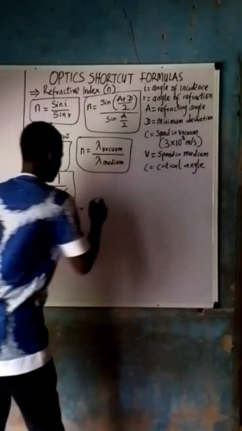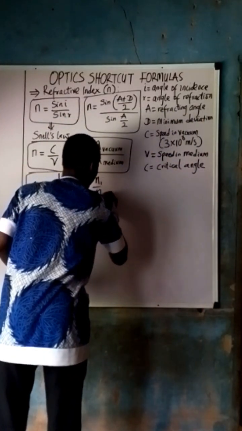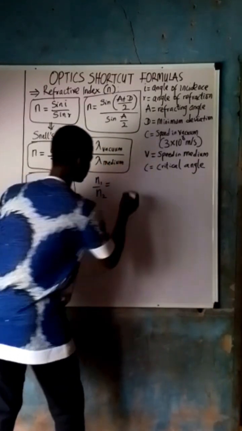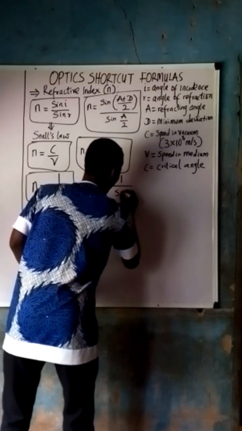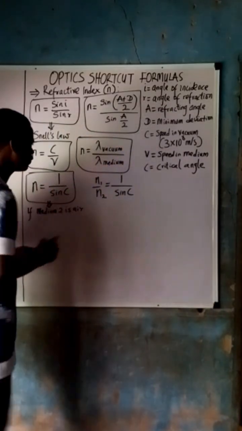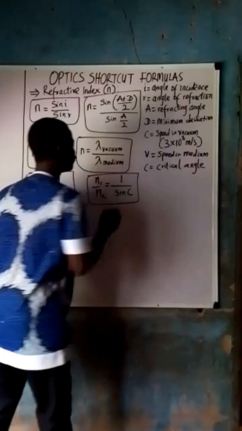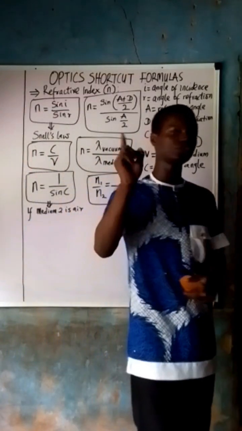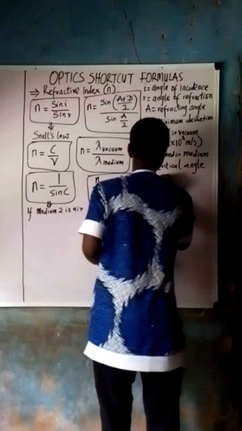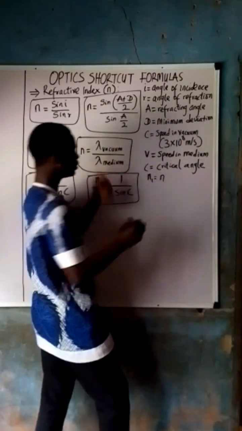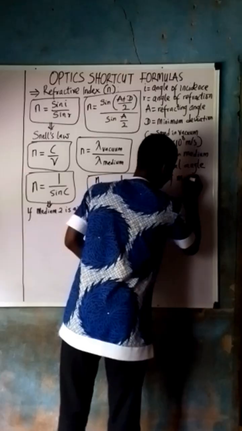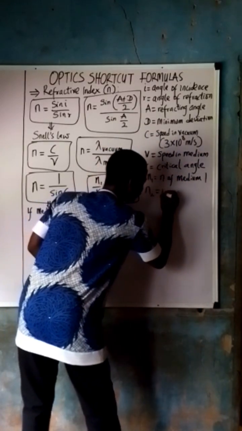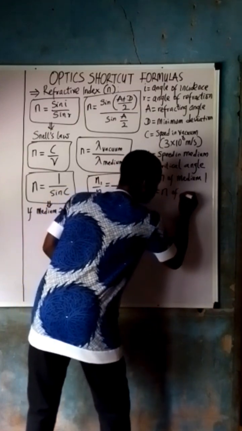Guys, this is it. N1 over N2 equals 1 over sine C. If the second medium is not air, this is the formula we are going to make use of, where N1 is the refractive index of medium 1, and N2 is the refractive index of medium 2.